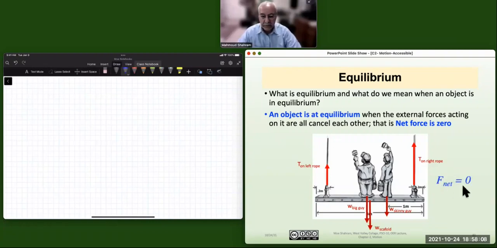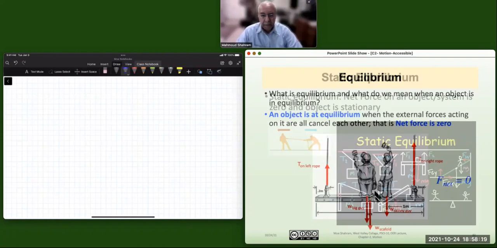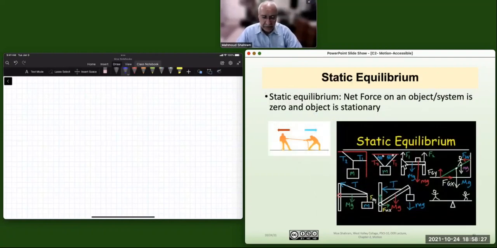Whenever the net force is zero, the system or objects that many forces are involved in could be in a state of equilibrium. There are many examples of that. And as you can see in this picture, we have many cases where forces are all balancing each other, all the forces downward and all forces upward, to the right and to the left.